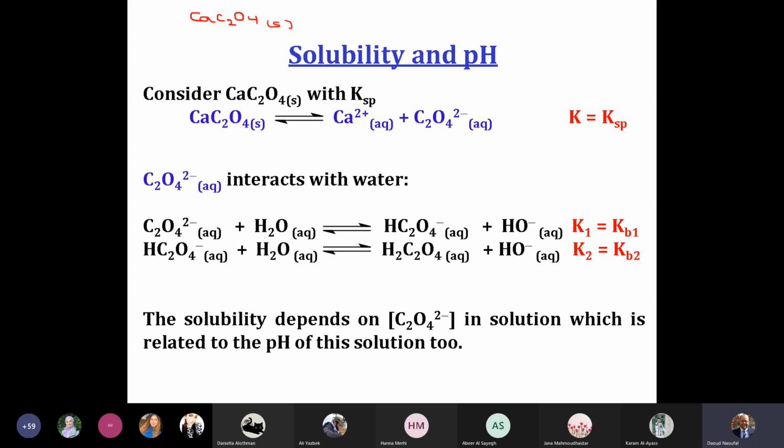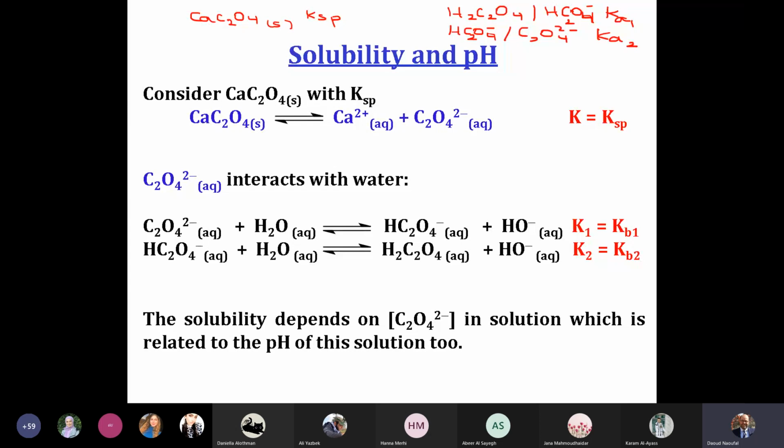CaC2O4 solid has a KSP, and in the exercise H2C2O4 and HC2O4- are given, which has Ka1, and HC2O4- / C2O4 2- has a value Ka2. KSP, Ka1, and Ka2 are given.